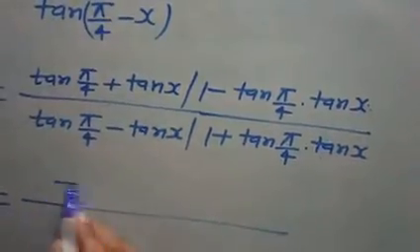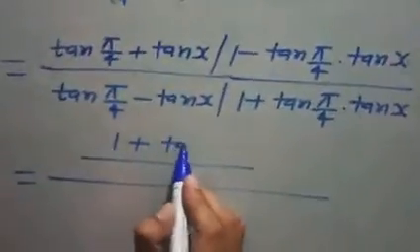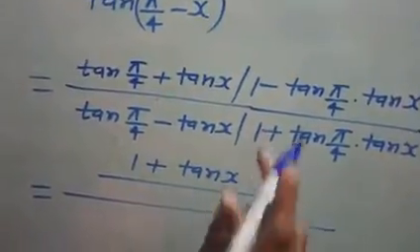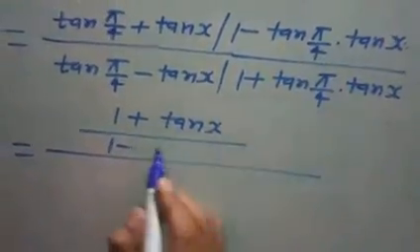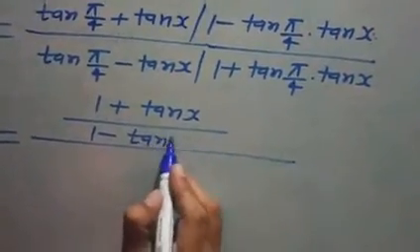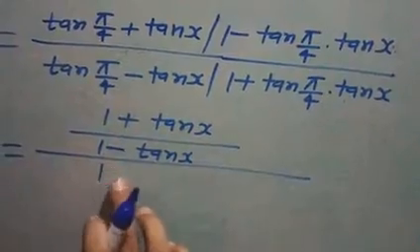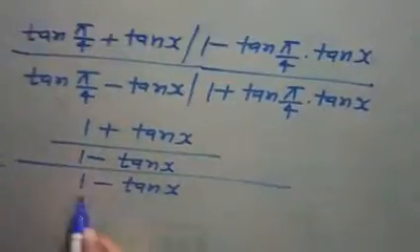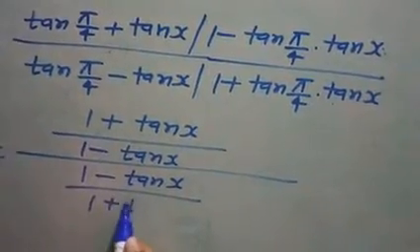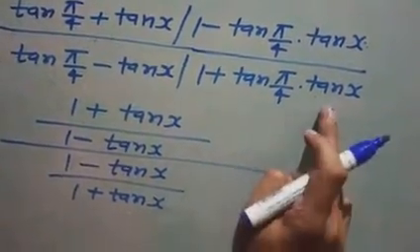So the value of tan π/4 is 1, so 1 plus tan x, and here 1 minus tan π/4 into tan x, that is 1 into tan x, and here again 1 minus tan x upon 1 plus tan x, because again 1 plus tan π/4 into tan x.